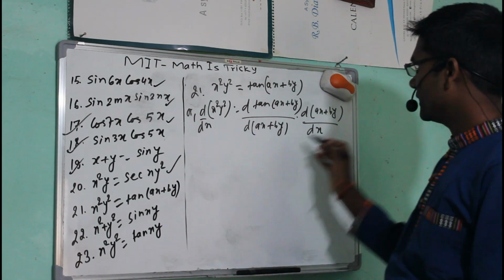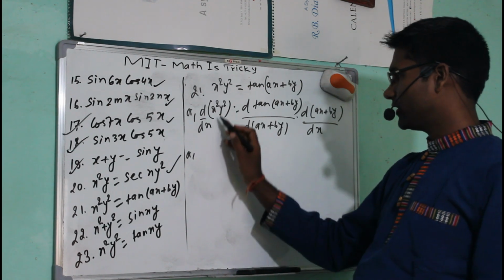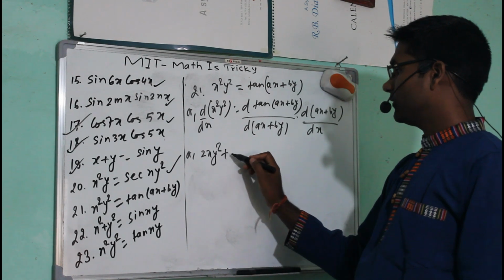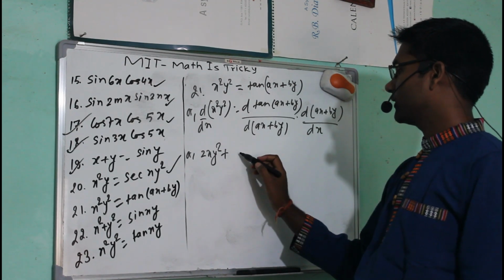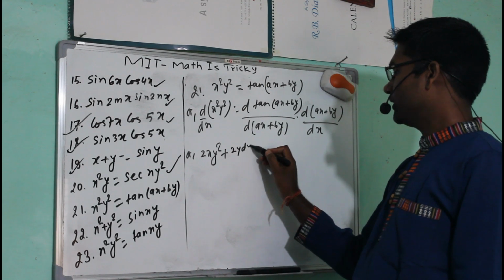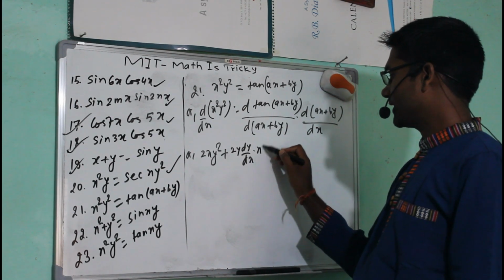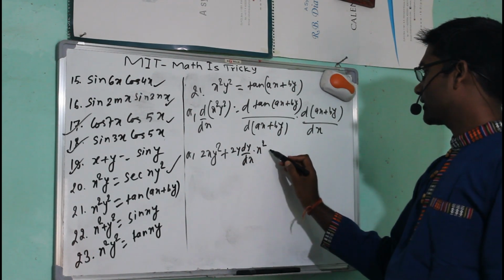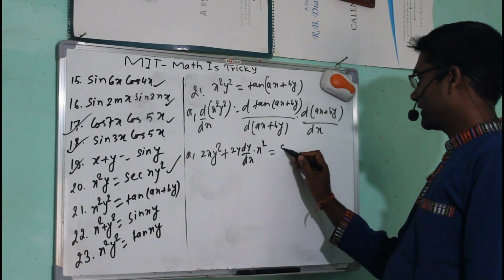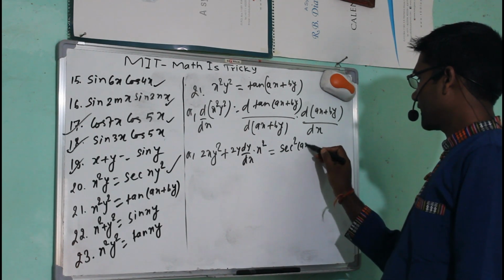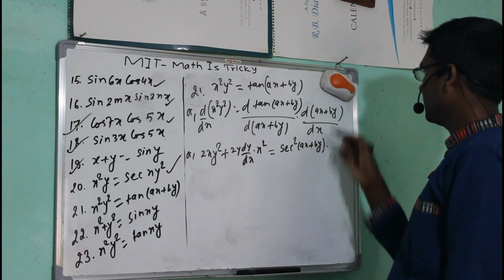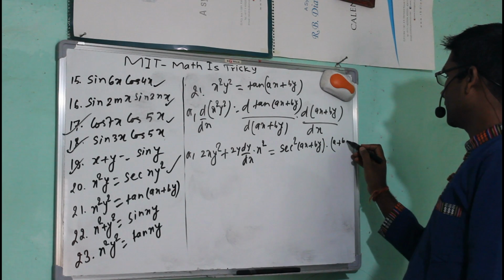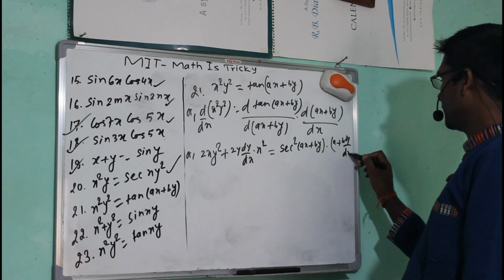I've used the chain rule on the right hand side, and now let's use the product rule on the left hand side. The derivative of x square is 2x y square, the derivative of y square is 2y dy by dx into x square. Product rule: derivative of first into second, plus derivative of second into first, equals the derivative of tan, which is sec square of ax plus by, times the derivative of ax plus by, which is simply a plus b dy by dx.